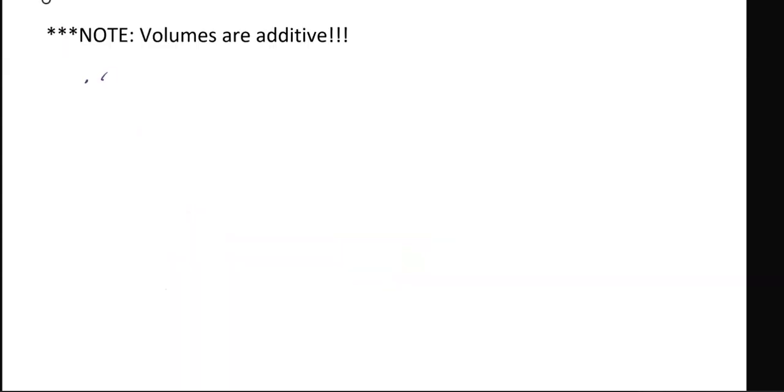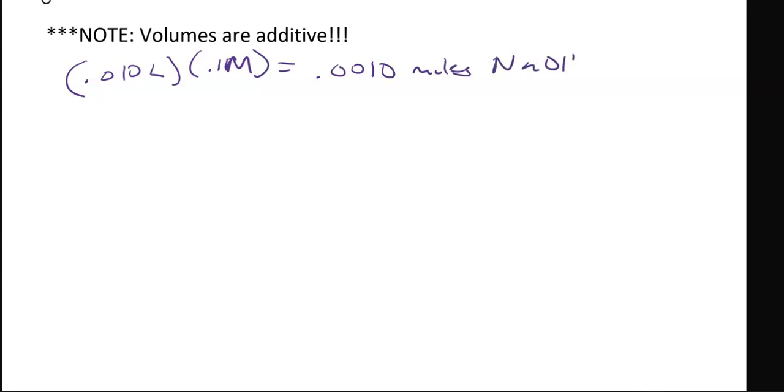We've got 0.010 liters of extra base, and we know the molarity of the base, 0.1 molar. So I have 0.0010 moles of extra sodium hydroxide. So just to be clear, since it's a 1-to-1 ratio of sodium hydroxide to hydroxide ion, I have 0.001 moles of hydroxide in excess.